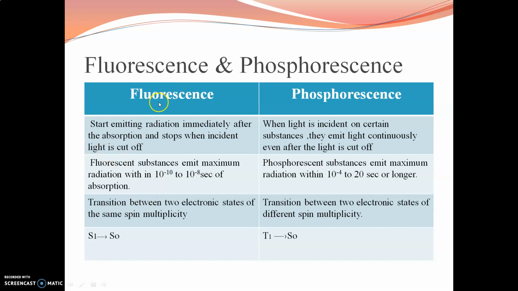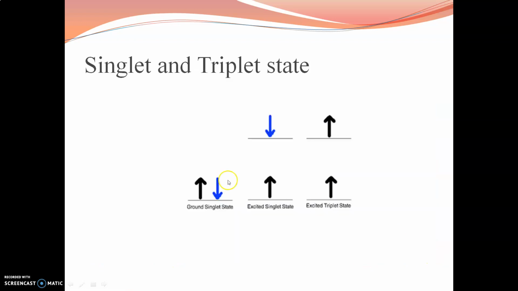Now in fluorescence, the transition between the electronic states takes place with the same spin multiplicity, whereas phosphorescence takes place between two different spin multiplicities. Now let us see what this is exactly: S1 to S0 or T1 to S0. In a normal ground state, one electron is in the clockwise direction, the other is in the anti-clockwise direction. When the electron absorbs light energy, if it remains in the same spin state, we term it as singlet.